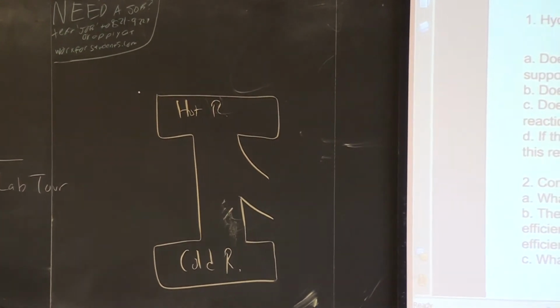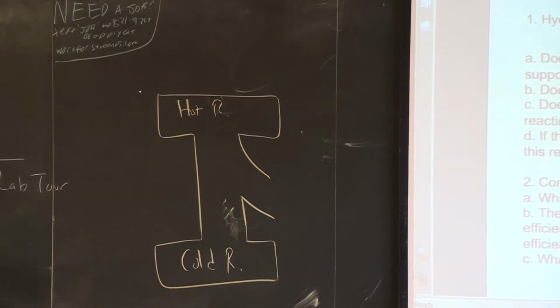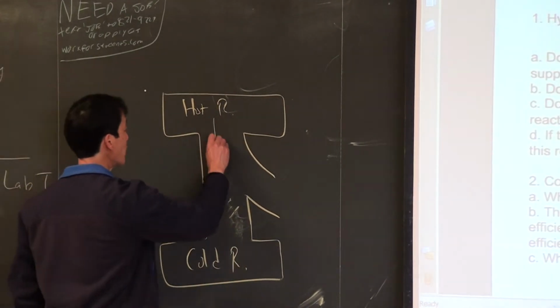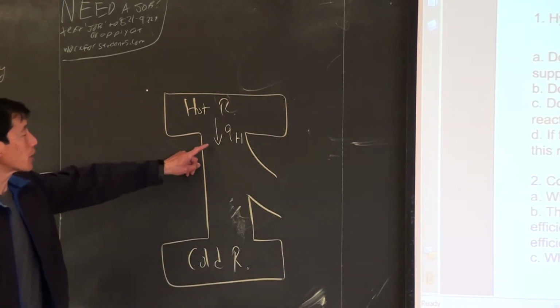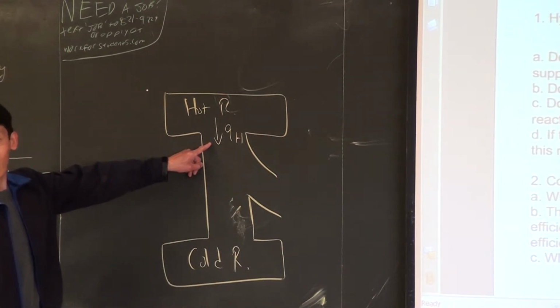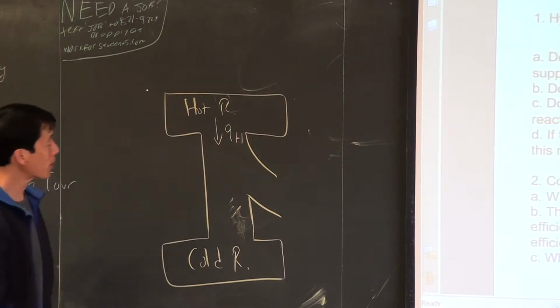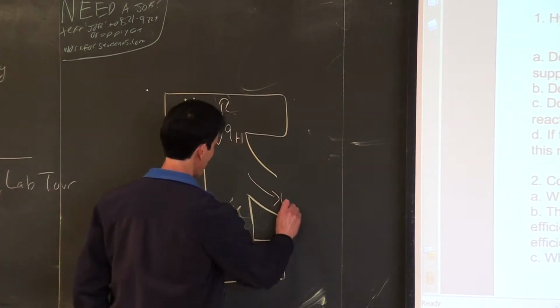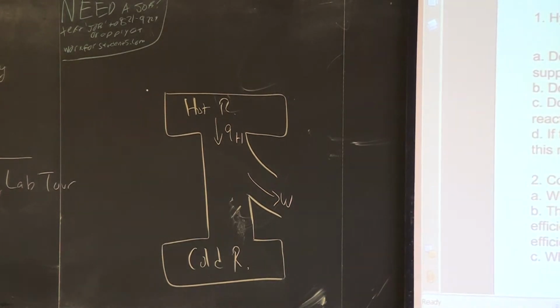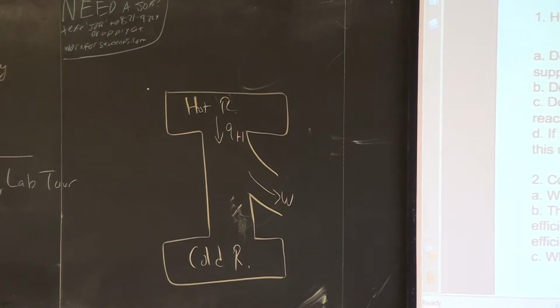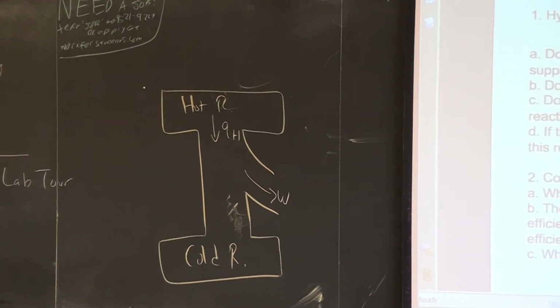So what's the fuel doing? Yeah, notice that the fuel in the hot reservoir produces heat. And then once this heat is produced, part of this heat is converted into work. So it turns out that the fuel is actually used to produce heat, and then that heat is converted into work. It's not really that the fuel is used to produce work, because some fuels won't produce work.